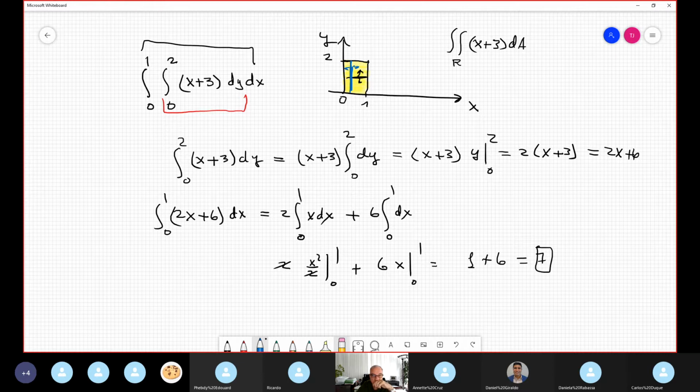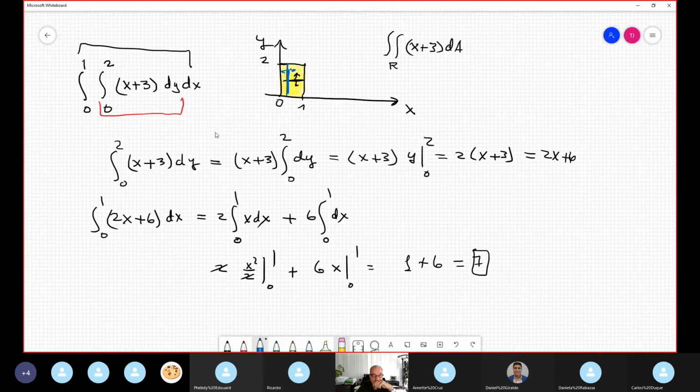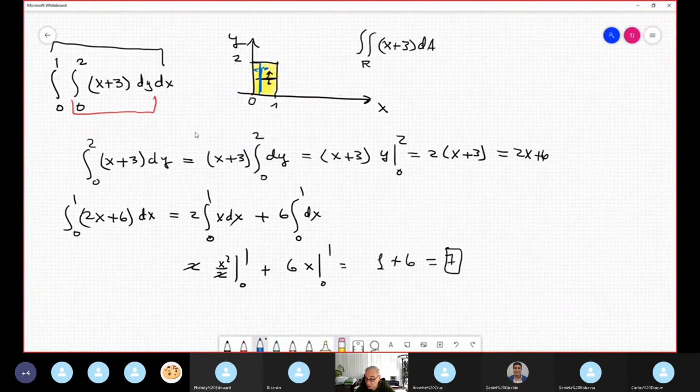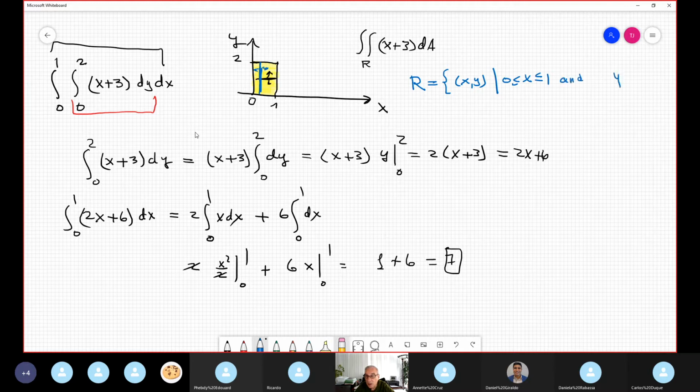Another way to present the problems that you need to be aware of is that the region, not graphically, is represented by the points x, y, such that x varies from 0 to 1 and y varies from 0 to 2. It's another possibility to represent the same idea.